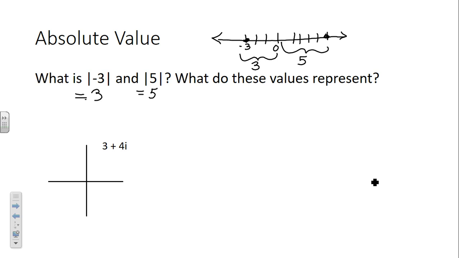Okay, so what do you think the absolute value of 3 plus 4i is now going to represent?